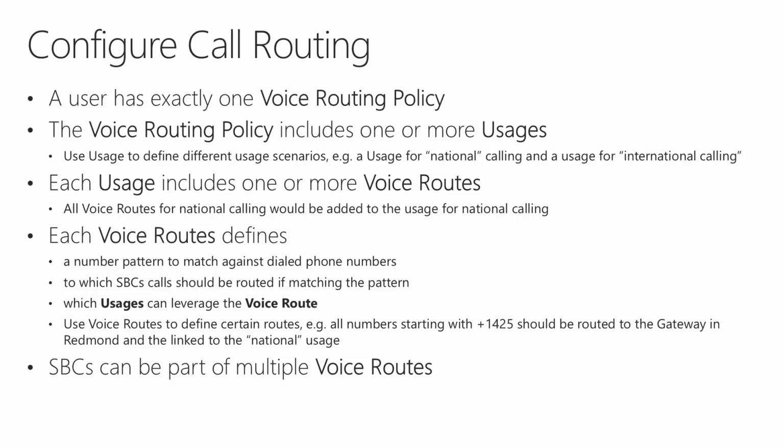Another important concept is that SBCs can be part of multiple voice routes. So we can here have an SBC in this particular voice route that we just talked about, but then it could be also used for another voice route. And that gives us the flexibility to really configure the routing in a way it matches the requirements of a company.